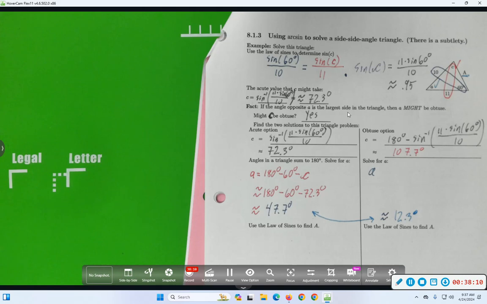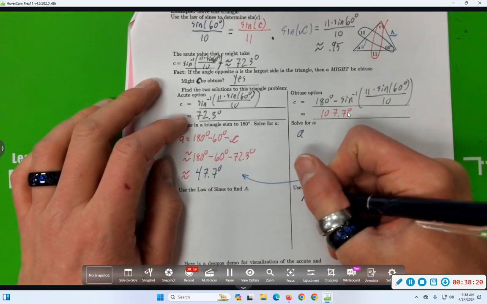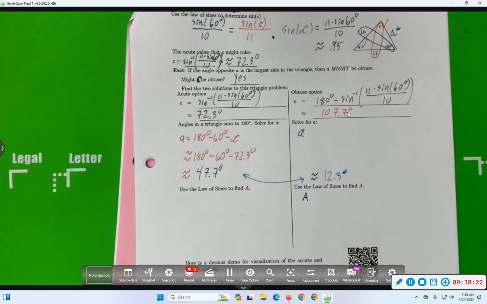Those of you who want to work independently or semi-independently, do the acute case in parallel. So, let's see. A is the side length that I want. Do I know the angle opposite? I do, right? It's the thing that we just found. So let's write that down.